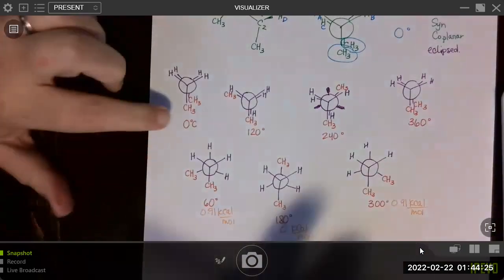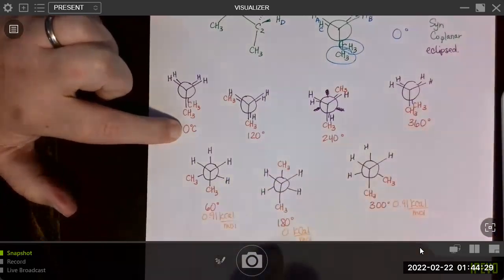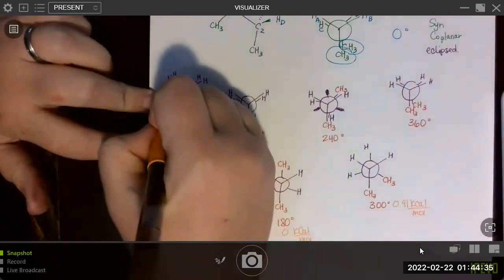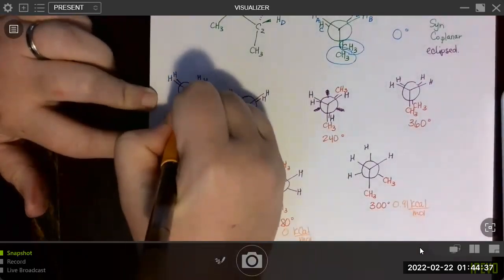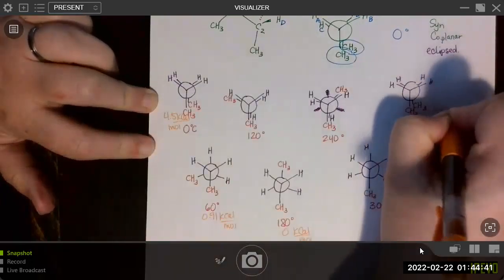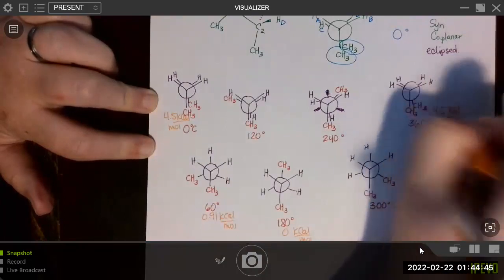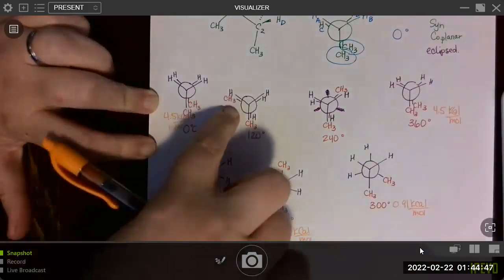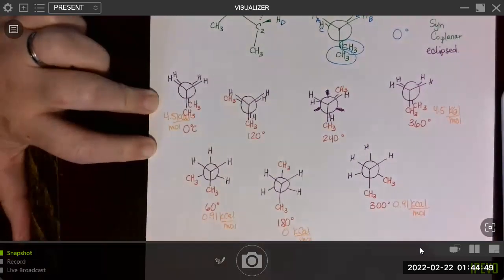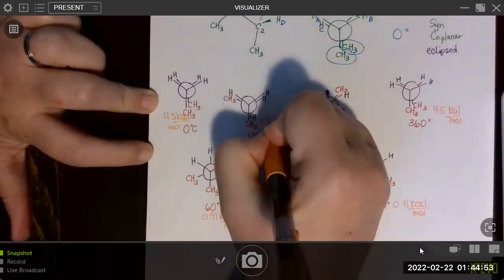And then the highest energy conformation was 19 kilojoules per mole higher than the lowest energy conformation. And so that's about 4.5 kilocalories per mole. Right, and then these two were 16 kilojoules per mole higher, which is about 3.82.